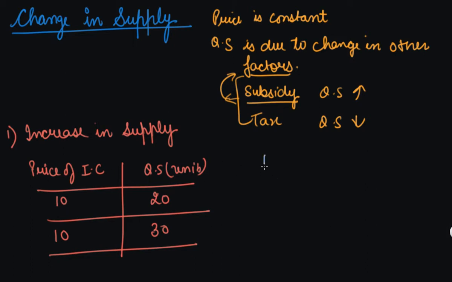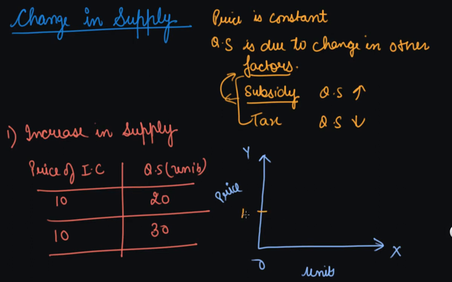Now let us plot this on a graph. This is your x and y axes. Here you will take price, and here you will take units. The price is 10, and the quantity supplied is 10, 20 and 30.